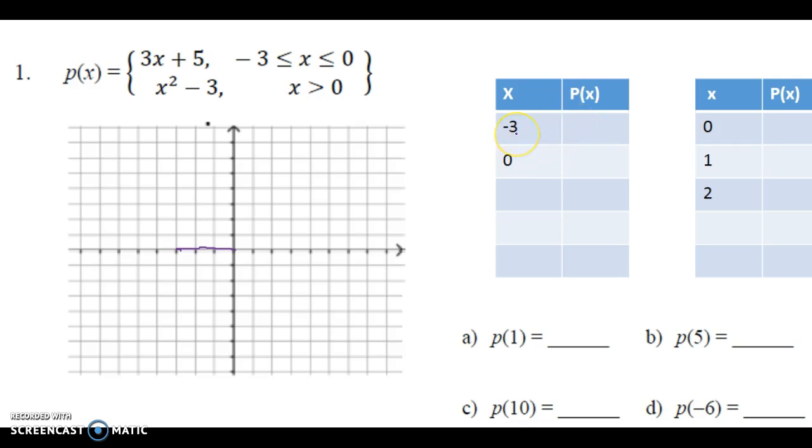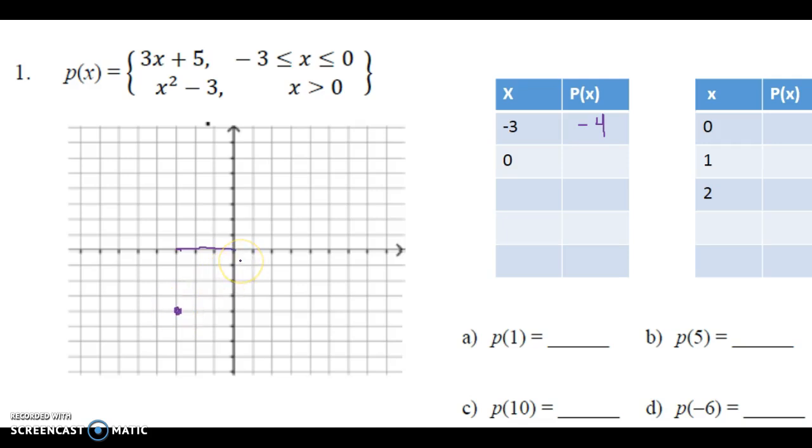At -3, if we plug in, that'll be in the first equation. -3 times 3 is -9, plus 5 is -4. So my coordinate point is -3, -4. I do a closed circle at this point because it is included.